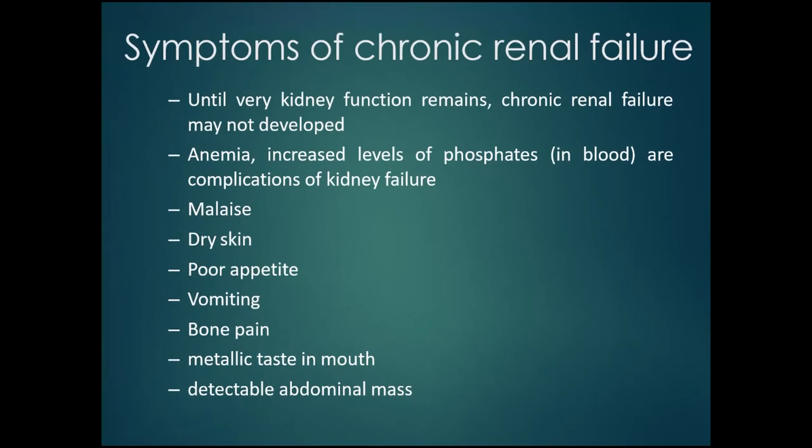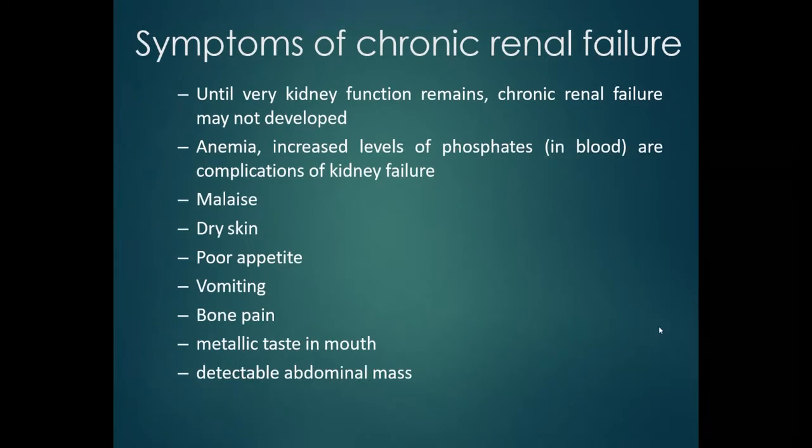And the symptoms include that the kidney functions remain there, but may get affected as the condition gets worse. There may be anemia because of the loss of blood. You may get malaise, you will have dry skin, you will not eat much, but whenever you are eating you feel like vomiting.